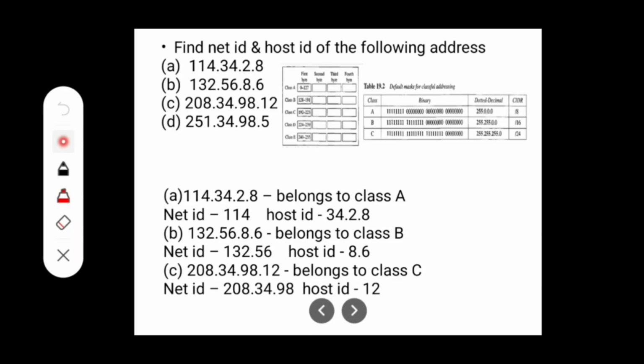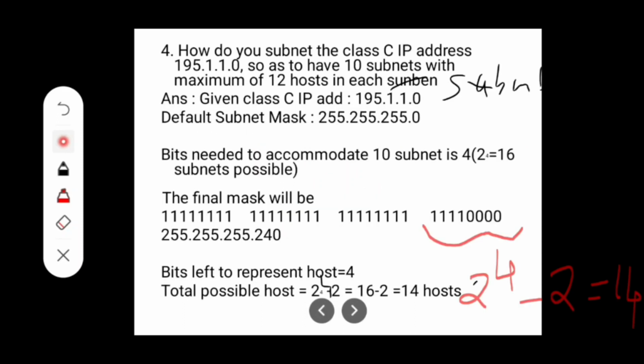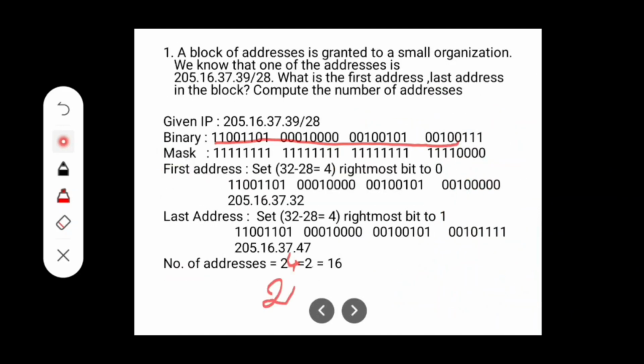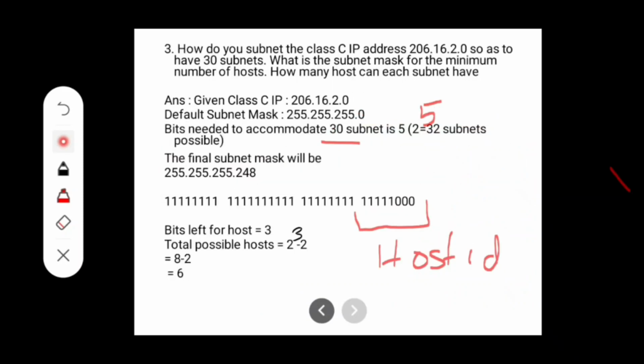So in IP, there can be 3 different types of questions. This is one type. Another is computing the number of hosts and the number of subnets, and another is computing the first address, last address, and number of addresses in the range. These are the questions that can come from the topic of IP addressing.